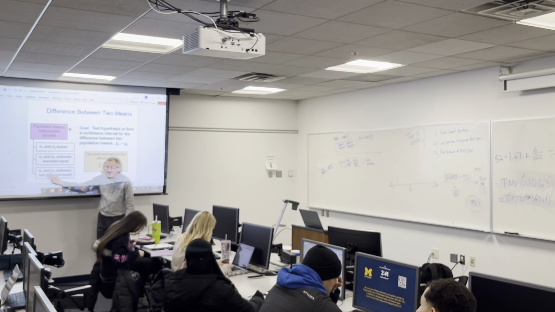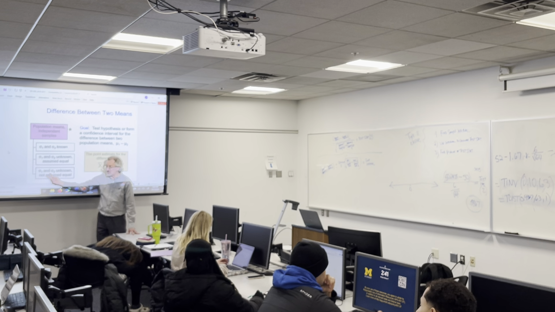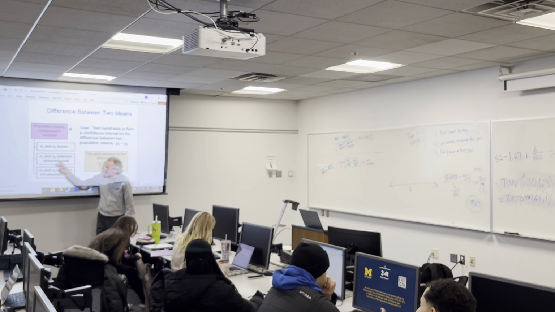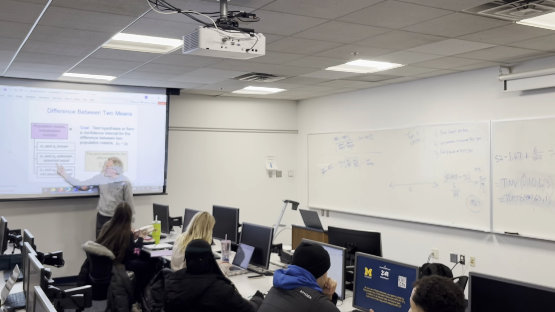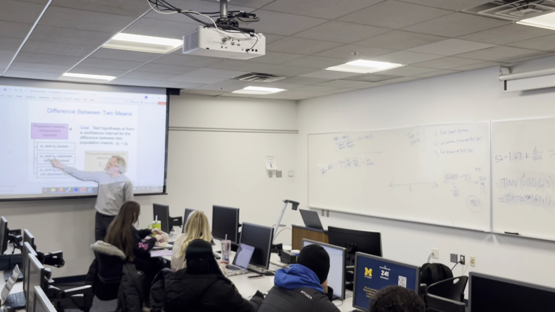But here, we don't know the population standard deviations either. We're given the sample standard deviations for each one, and we're using T again, but there's a little catch between these two. This one, we're assuming the standard deviations are equal, and here we're assuming they're not equal. Even though we have the sample standard deviations, somewhere we'll say to assume the population standard deviations are equal.